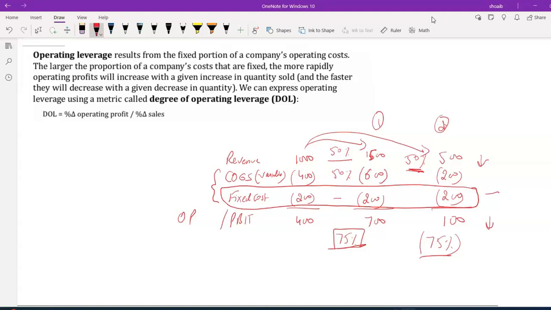This is called operating fixed cost. And because of this operating fixed cost, there is a term called operating leverage. Whenever there is a word fixed cost, the word leverage will arise. Like there is a very famous term, financial leverage. What is financial leverage?